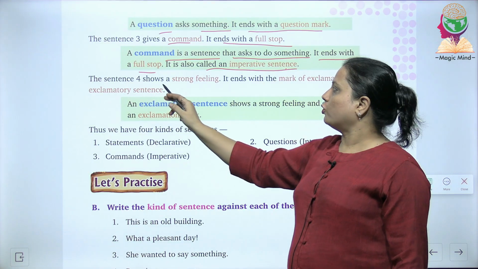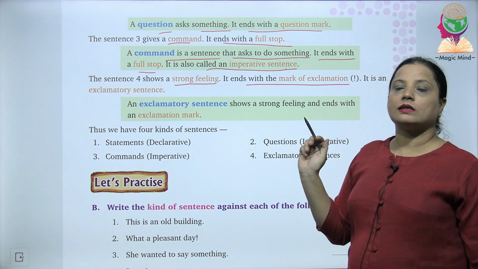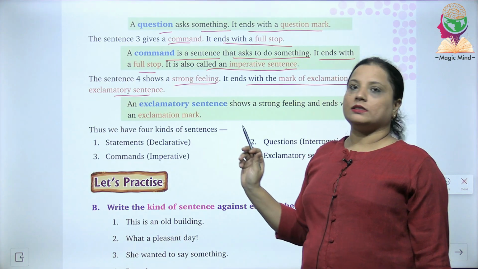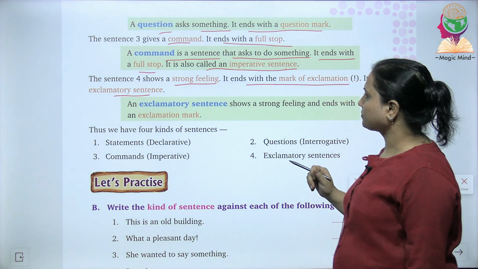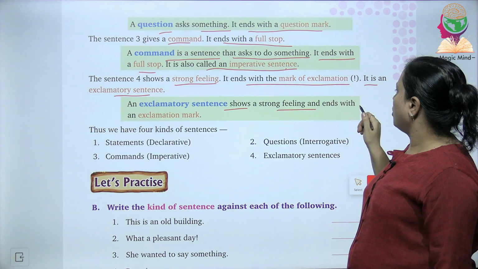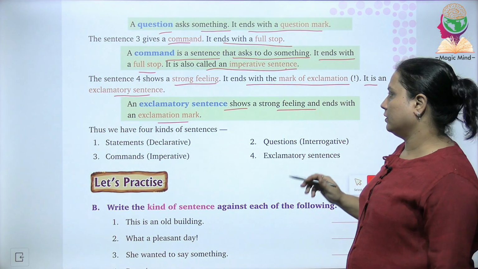The sentence 4 shows a strong feeling. It ends with the mark of exclamation. Hence, we will call that kind of a sentence an exclamatory sentence. An exclamatory sentence shows a strong feeling and ends with an exclamation mark.